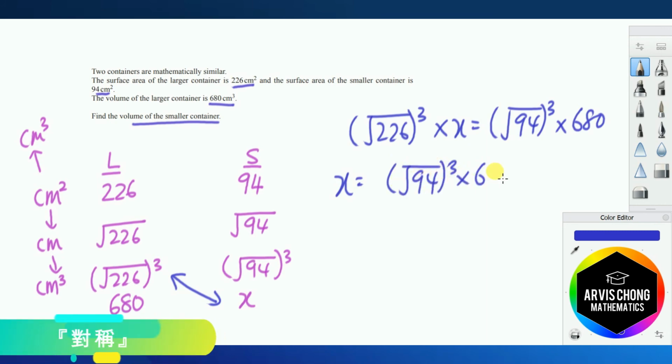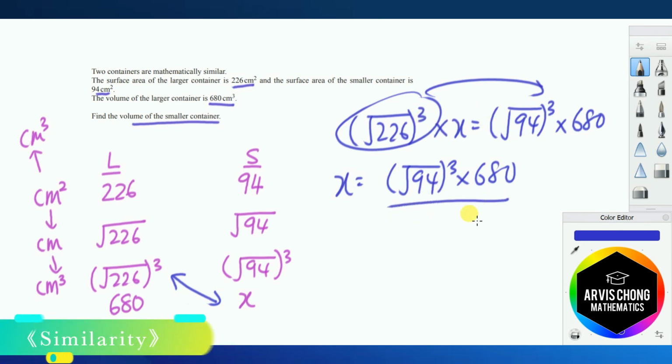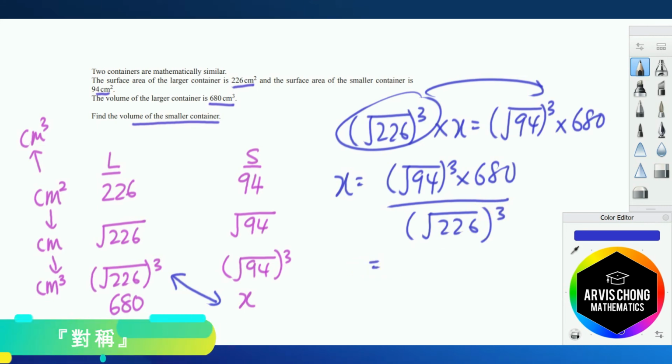You bring this over, so times becomes divide. So you'll get 226 square root then cubed. Then you type all this in your calculator and you will get 182 centimeters cube, if you write it to 3 significant figures.